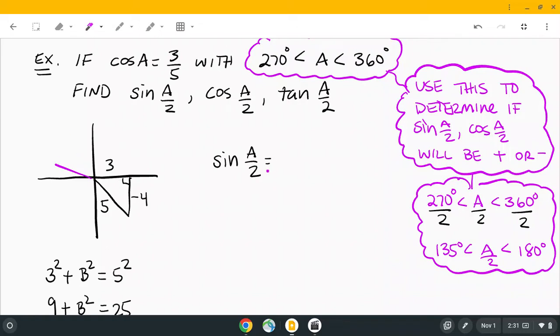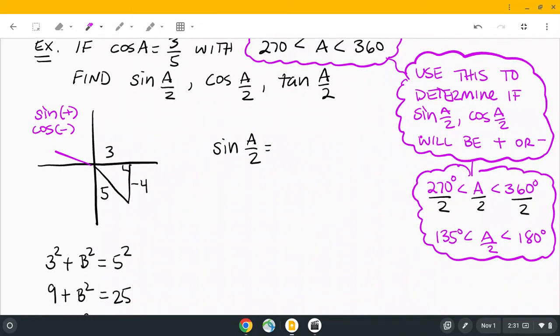That tells me a lot. Over here, sine is going to be positive, cosine should be negative, and tangent will be sine over cosine, which will be negative. That's how you can determine the sign, meaning positive or negative, not sine, S-I-N-E.